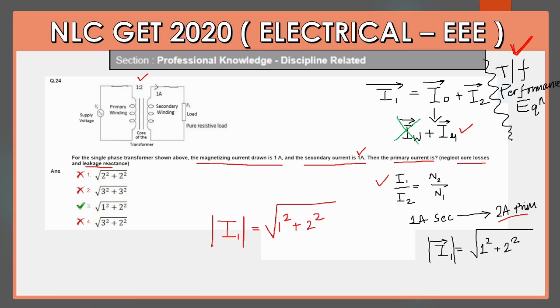So the third option is the right answer. This is the important point here. In the transformer performance equation, we write I1 equal to I0 plus I2. And here it is saying the core loss component is absent, so you can take the magnetizing component, and here magnetizing current is given. So the third option will be the answer.